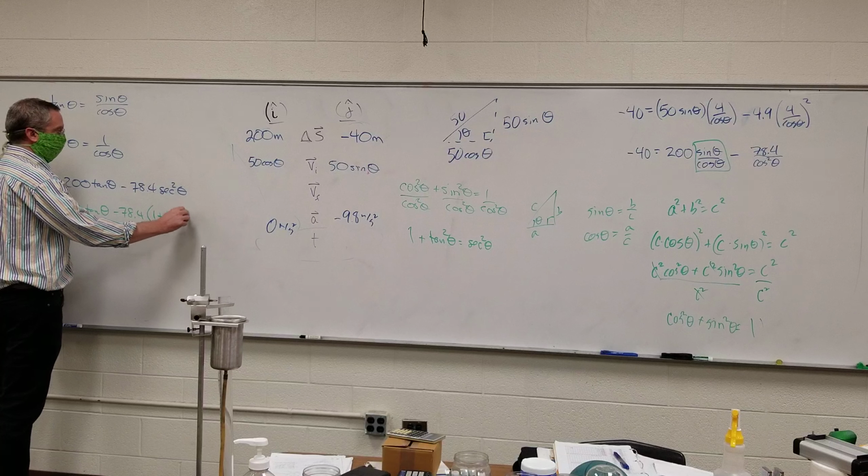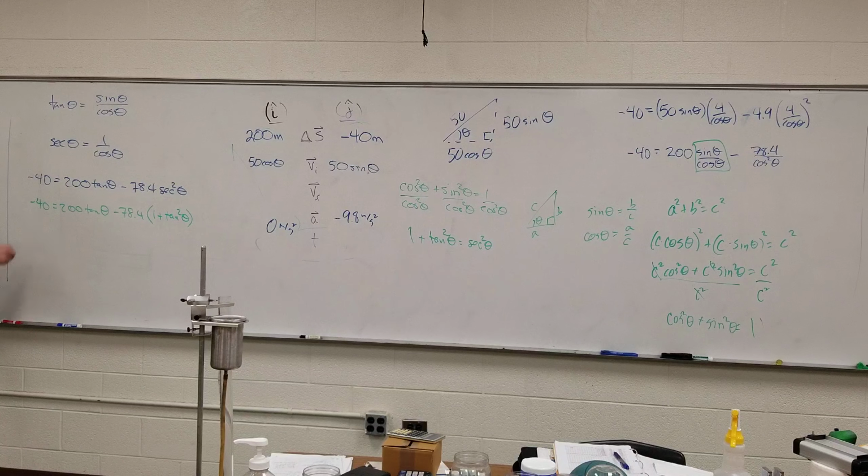Now I distribute. Negative 40 is equal to 200 tangent of theta. I'm going to be writing tangent of theta a bunch here, and the more I write, the more chance I'm going to make a mistake. So I'm going to make a little substitution, using the letter Z, since we're not using Z for anything. I'm going to let Z equal tangent of theta.